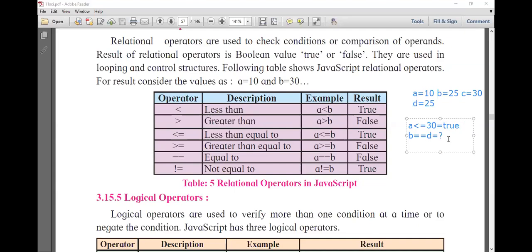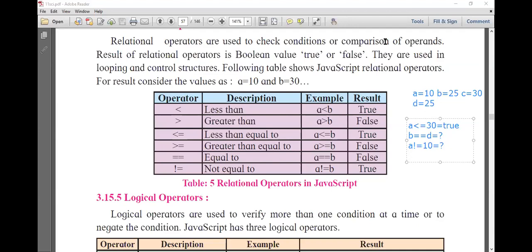Now, A exclamatory mark equal to 10. What answer? A exclamatory mark equal to 10. Rutik is saying false.